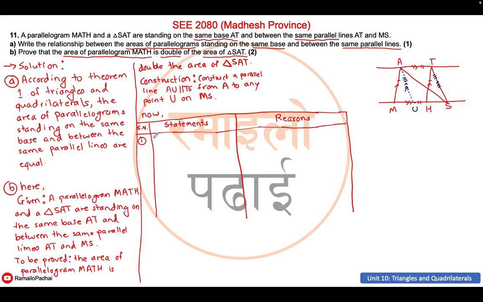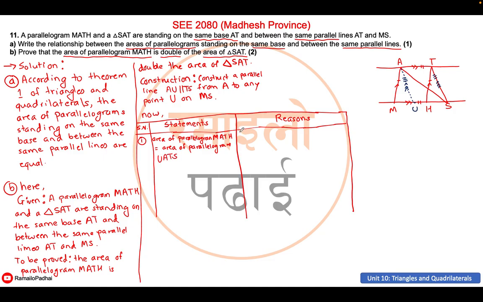area of parallelogram MATH is equal to area of parallelogram UATS.